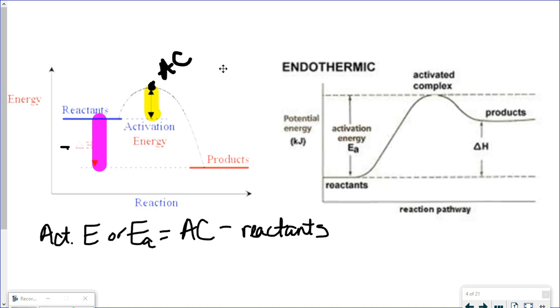To find delta H, we're going to do the products minus the reactants. That will tell you if it's going to be a positive delta H or negative delta H.